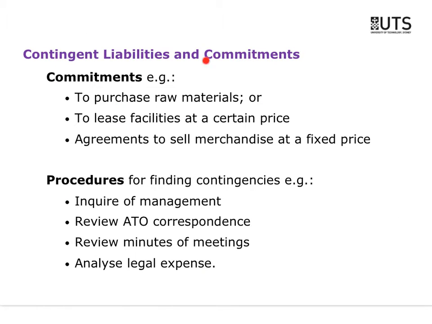You could have contingent commitments, an agreement to buy something in the future, though these create less of an issue. But the most common way that we find contingencies is by talking to management. What sort of contingencies do you have that we need to consider? We might see if there are any ATO matters for companies in the news.